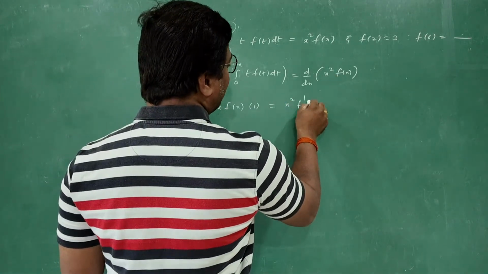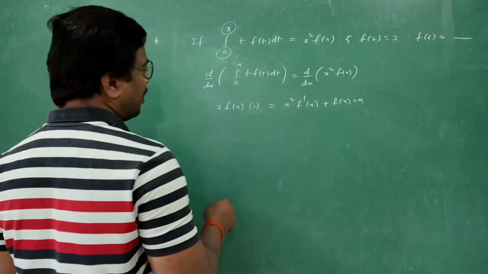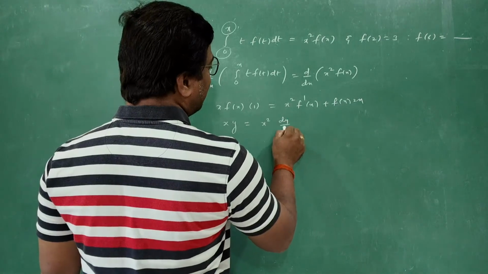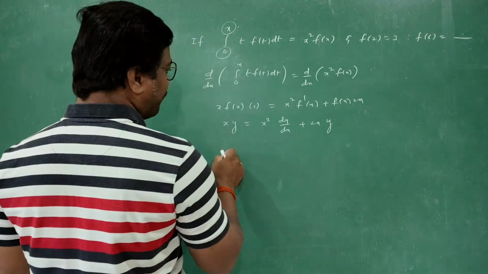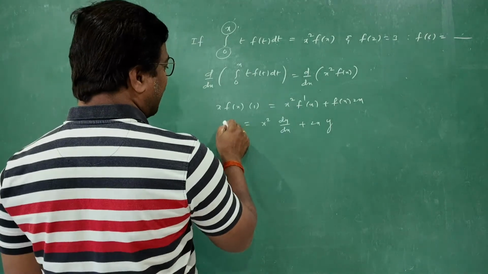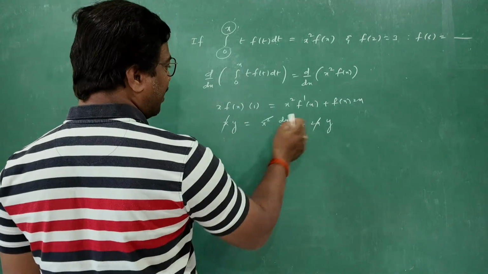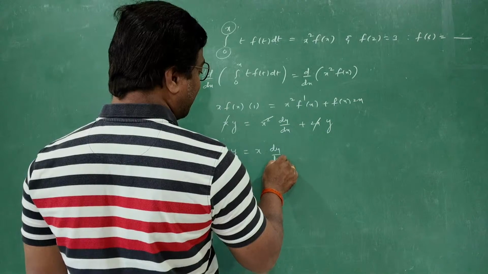Next, the uv rule: u v dash plus v u dash. This is x into y, this is x squared into dy by dx, and this is 2x into y.